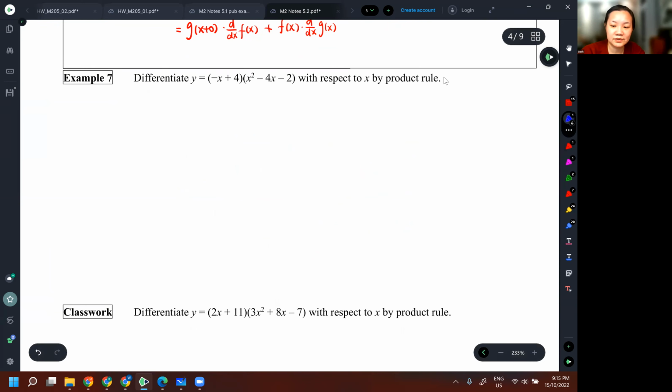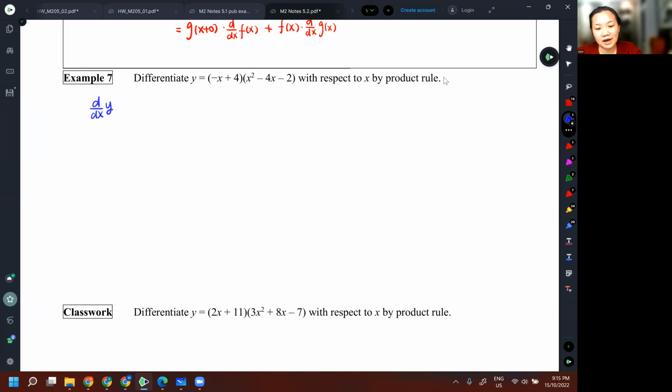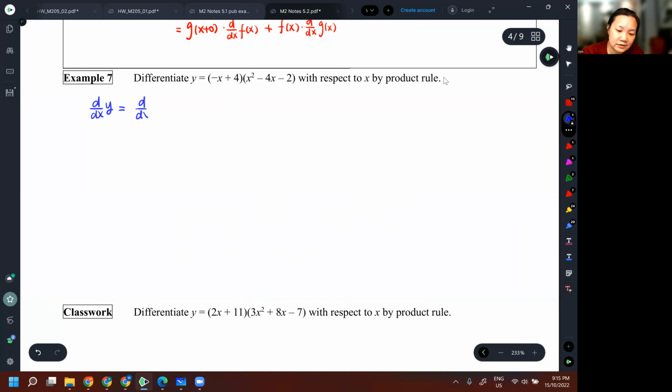Okay, in this case, find the derivative dy/dx. That is to differentiate the first one and then multiply the second one, plus the first one and then differentiate the second one.